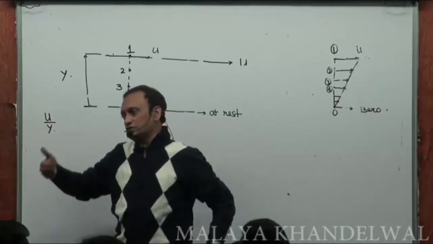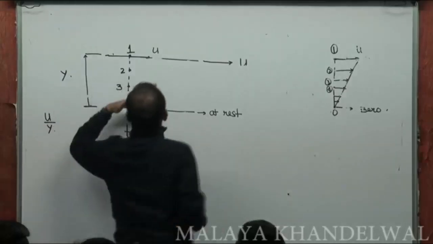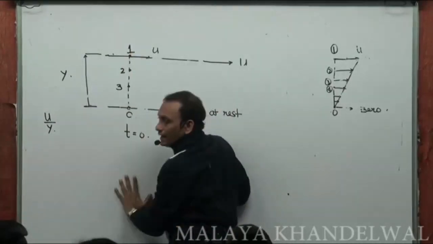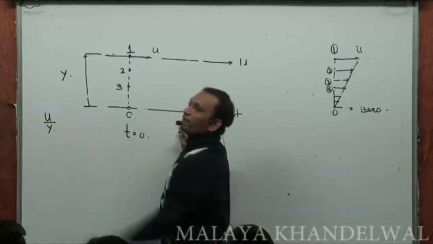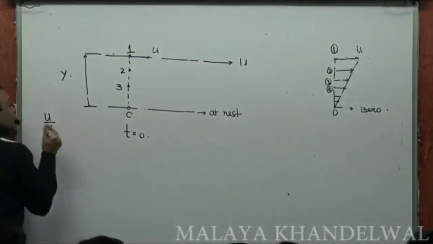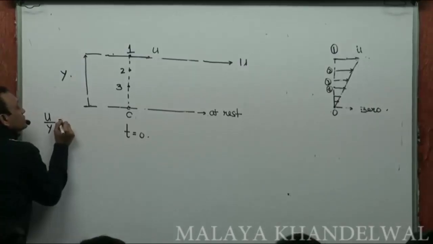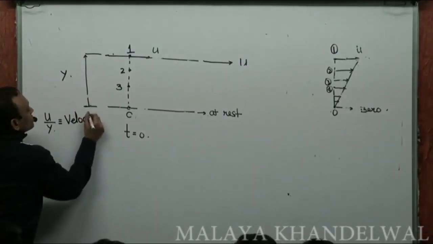It's going to be different. And so, in a certain sense, velocity varies with y. And u by y, if it's a uniformly linear variation, is called the velocity gradient.